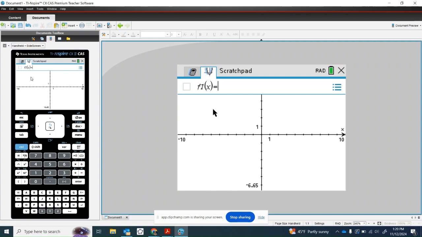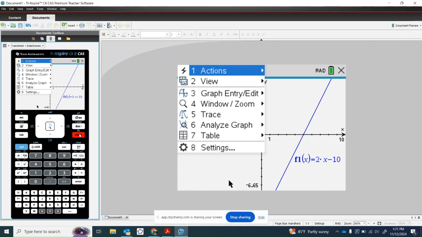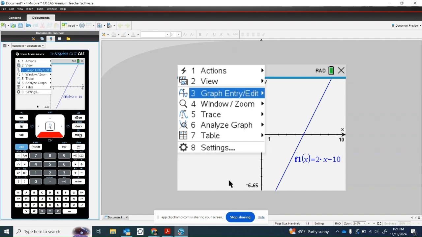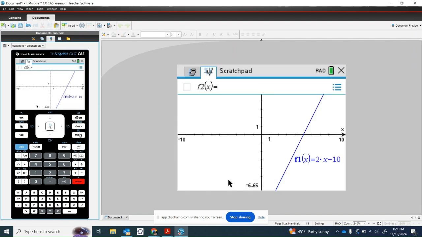So we have 2x minus 10 graphed. If I have 2 equations, I want to graph another one. I need to get, all right, so menu, graph entry, edit. So I want to add another function. I'm going to go there. So now I can enter function 2, negative 1/3 x minus 6.